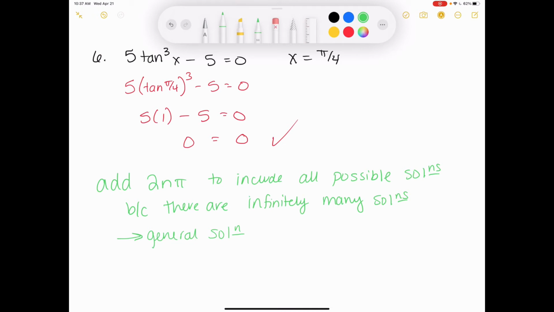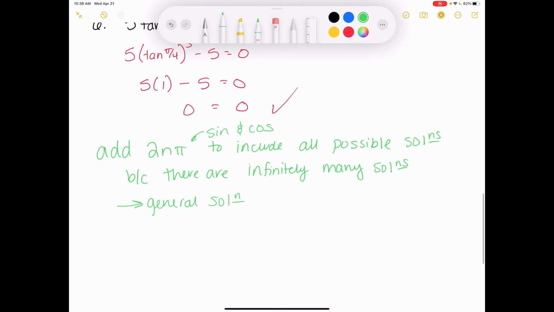Now, the exception is with tangent, because of the way the values repeat. We only need to add n pi instead of 2 n pi. So this is for sine and cosine. For tangent, we're just going to add n pi.